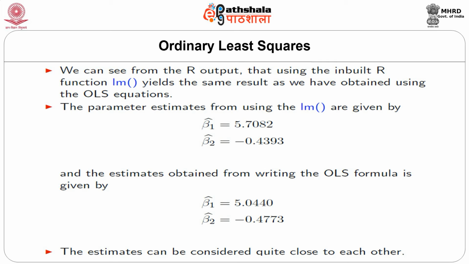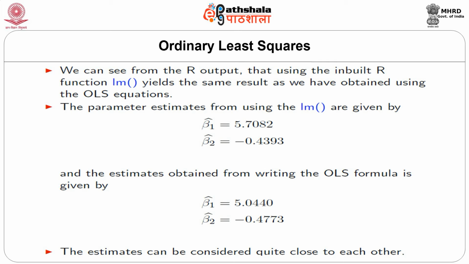Now, we can clearly see from the R output that the inbuilt R function lm gives us the parameter estimates beta 1 hat equals 5.7082 and beta 2 hat equals minus 0.4393.